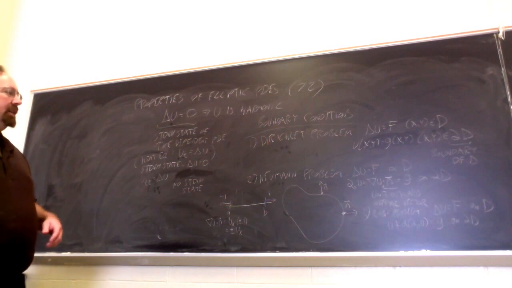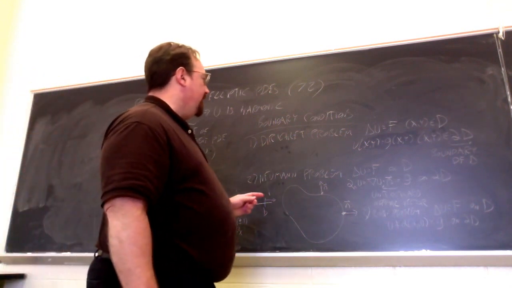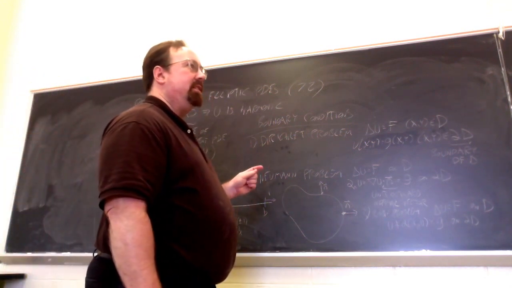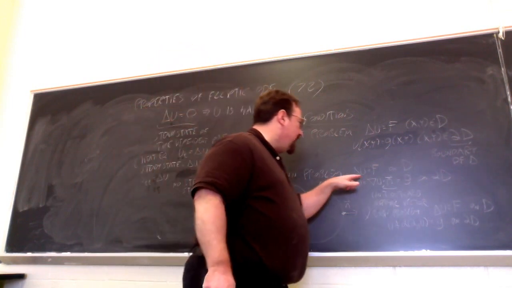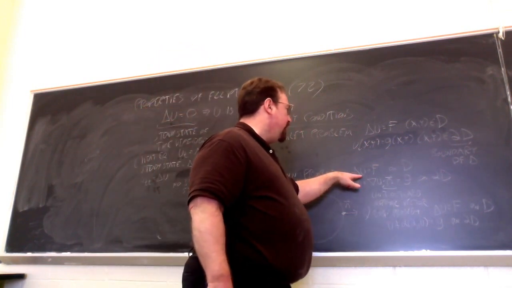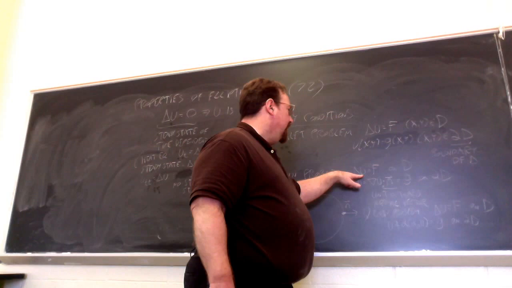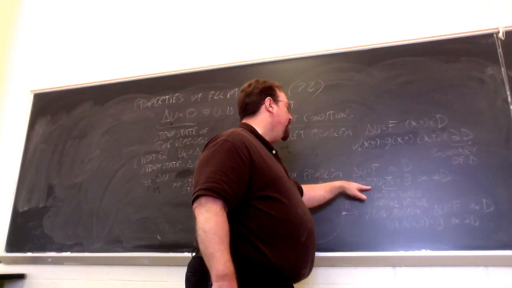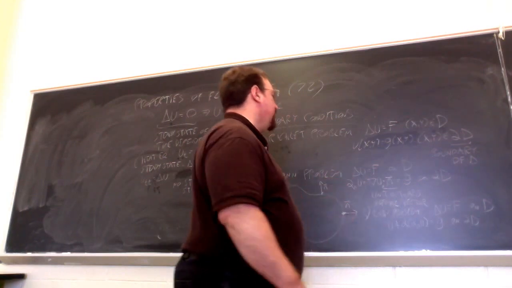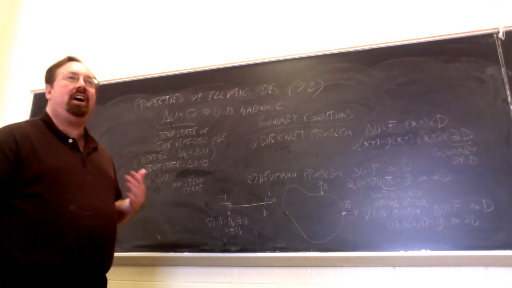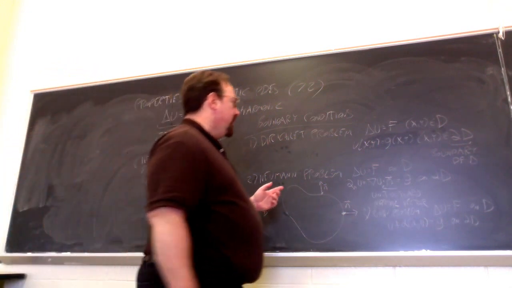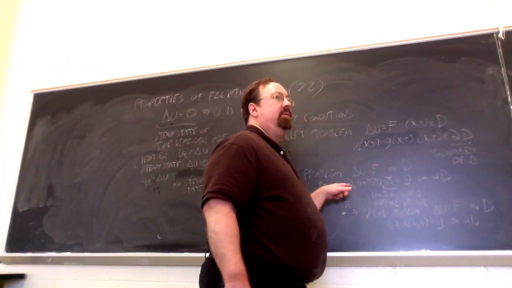And something to keep in mind is you're definitely not going to have uniqueness. Because if I take any solution of a Neumann problem, so it solves the PDE and satisfies the boundary condition, I can add any constant to the solution and it's still a solution.